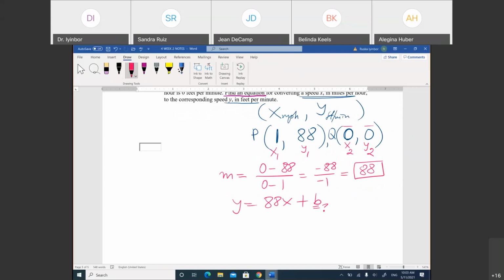So y is 0, 88, x is also 0, plus b. So 88 times 0 is 0. So you get b equals 0, right? So m is 88, b is 0. So my answer is y equals 88x plus 0, which is just 88x.